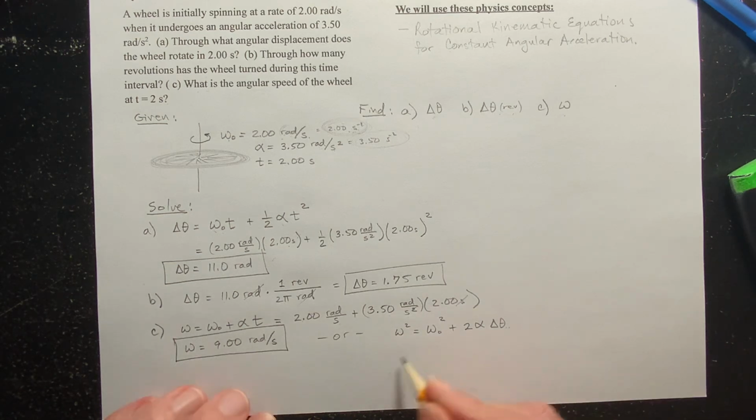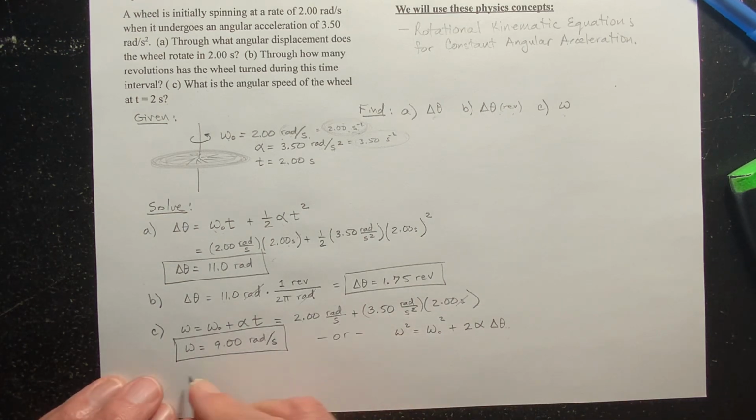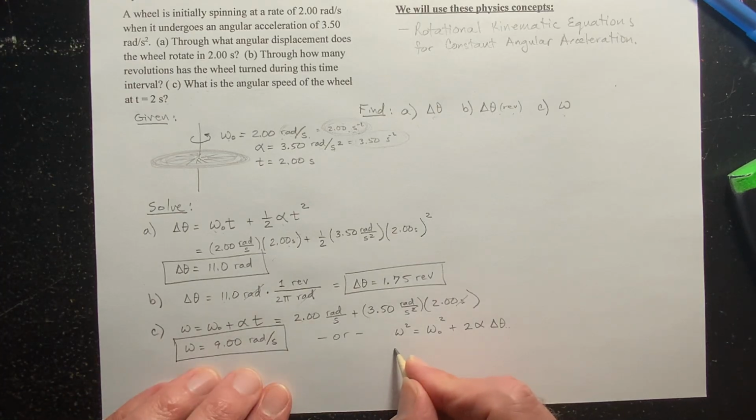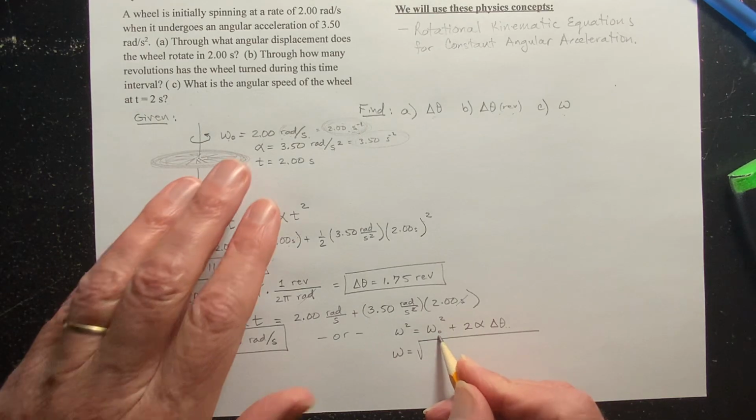Yeah? Okay. So now I can solve for the final angular velocity, which is equal to the square root of omega naught squared.